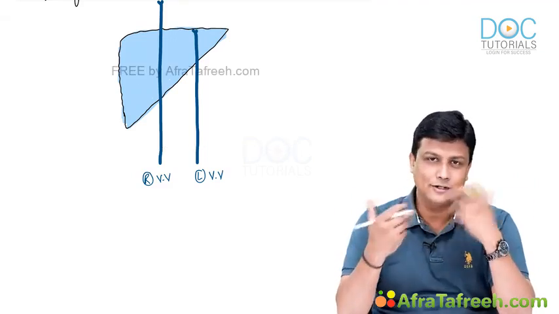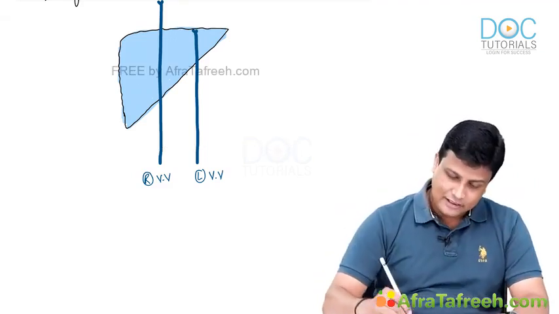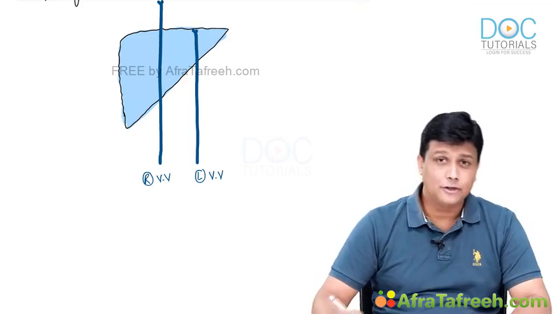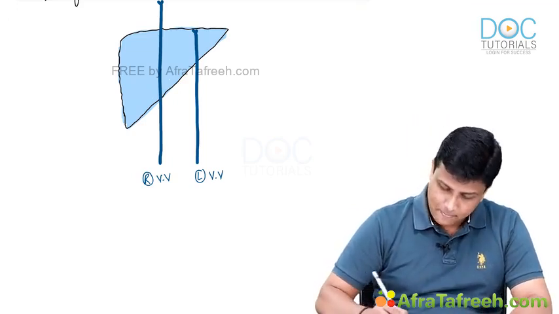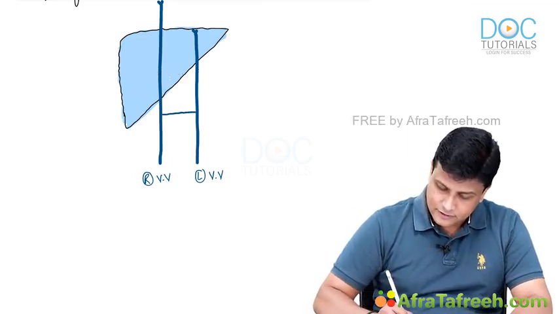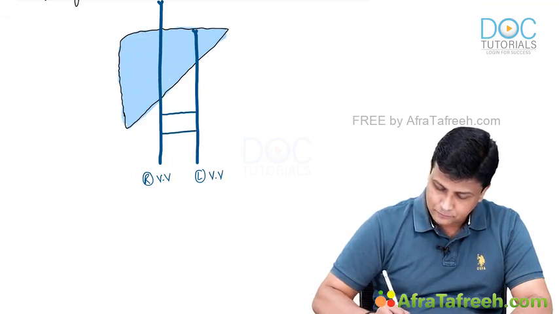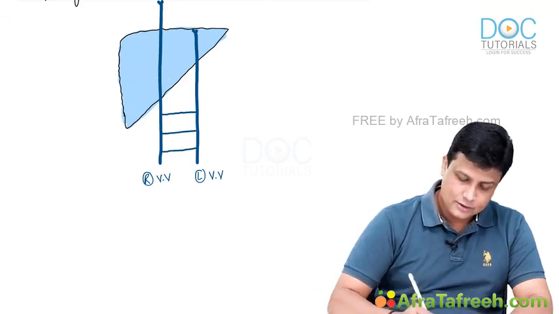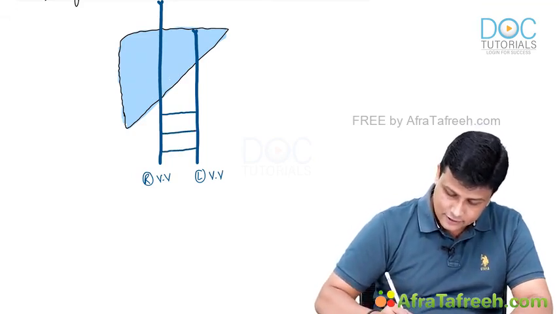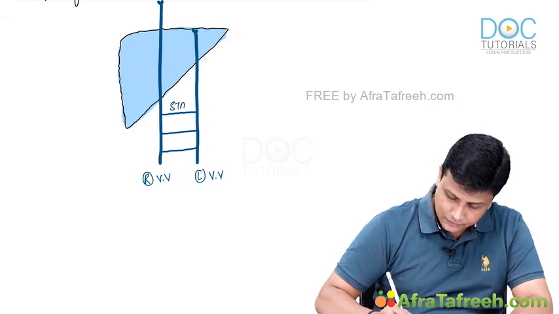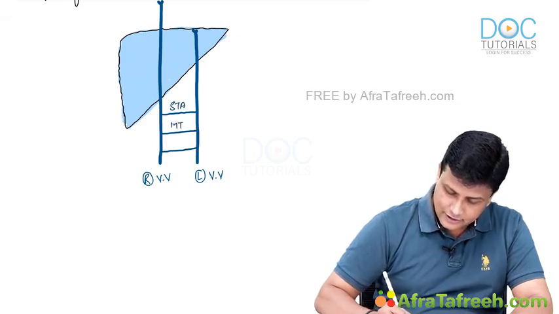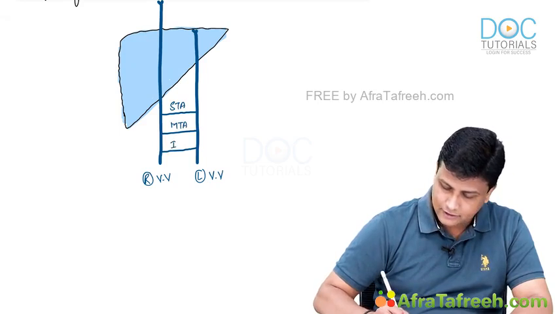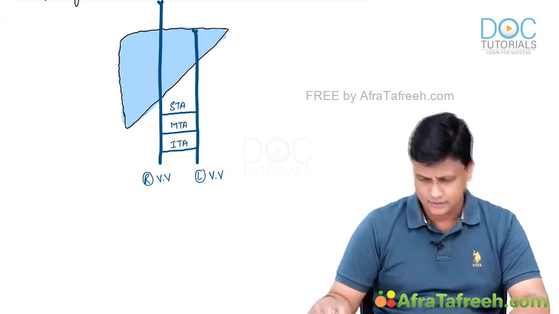Now what is going to happen? Between these two Vitelline veins, there will be formation of anastomosis. There will be transverse anastomoses formed between them. One will be the superior transverse anastomosis, then the middle transverse anastomosis, and then the inferior transverse anastomosis.